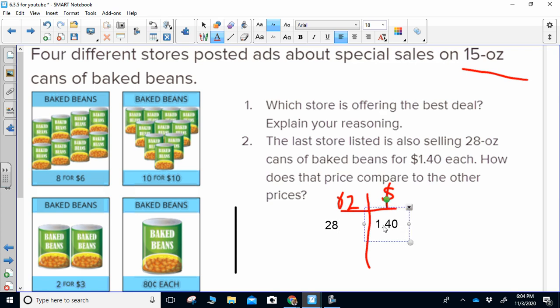And then I had the 15-ounce can, and that was 80 cents. And I want to see which of these is the better deal. So how much would it be for one?